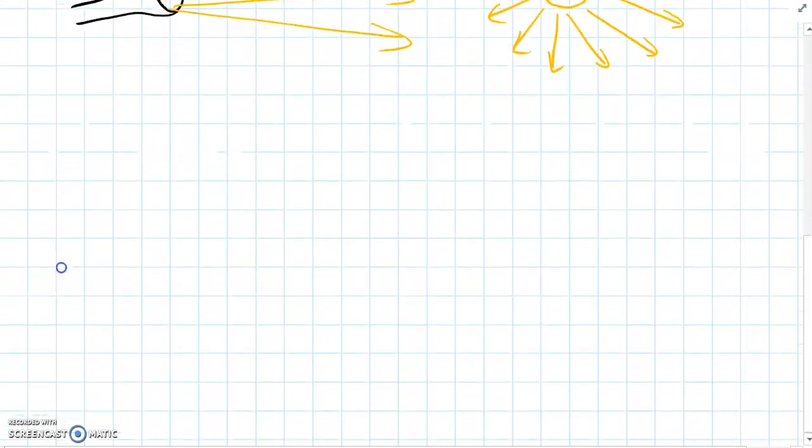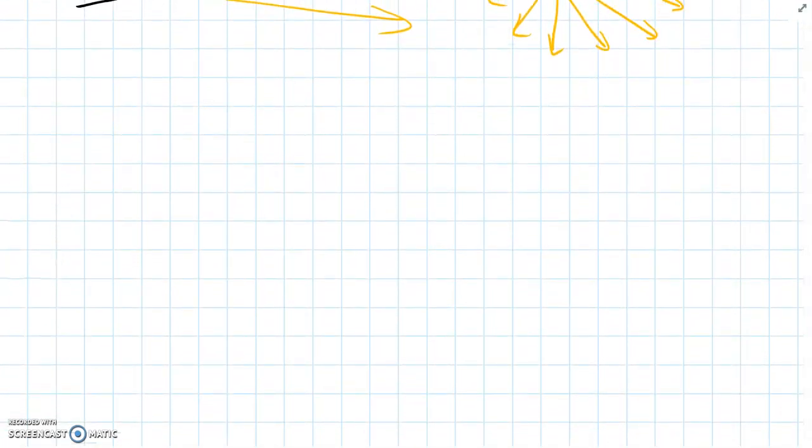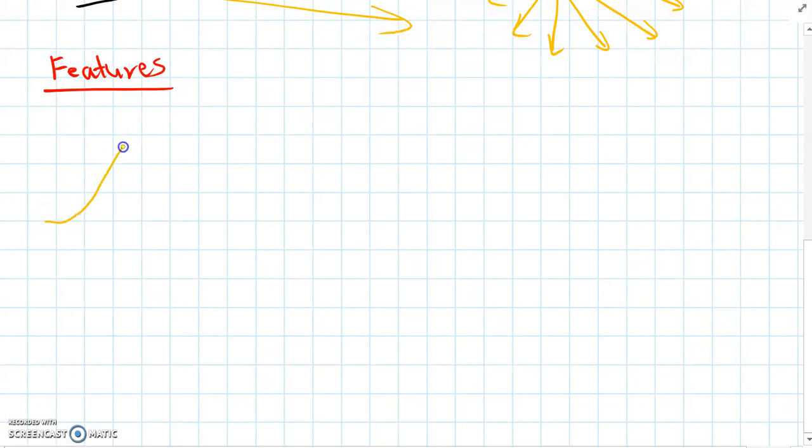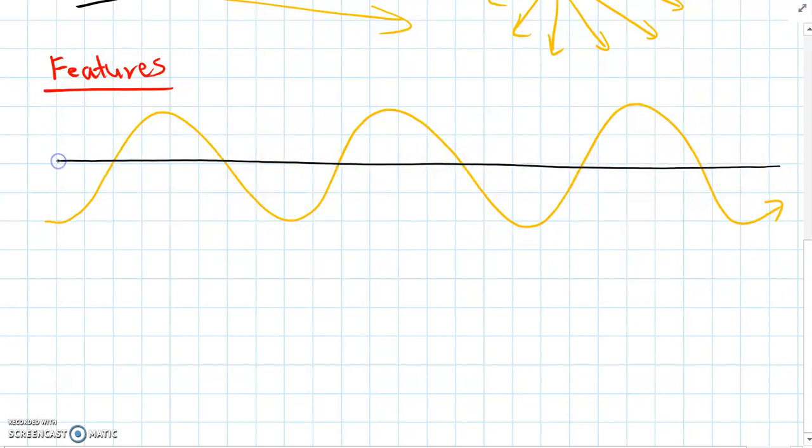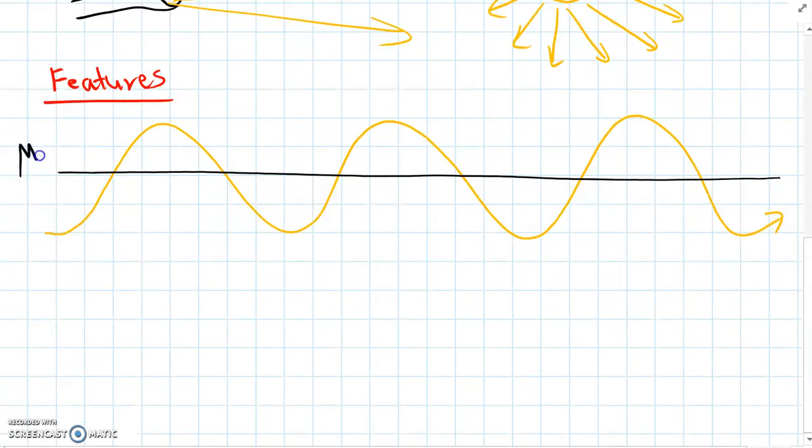So now we'll look at some more detail about the features of a light wave. So again, here is our transverse wave of light moving up and down as it moves along. And we'll draw a middle line that's halfway up the light wave.